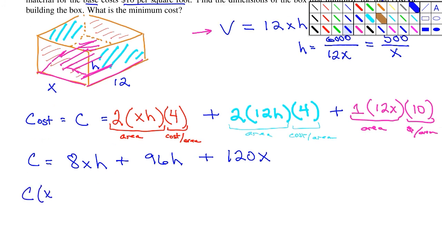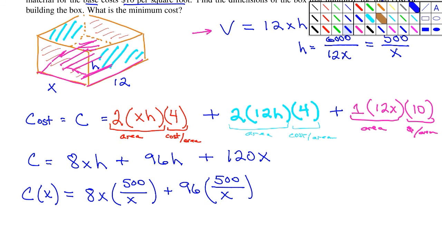That makes it cost of x, c of x, and I'll replace the h's with 500 over x. So it's 8x times 500 over x, plus 96 times 500 over x, plus 120x.